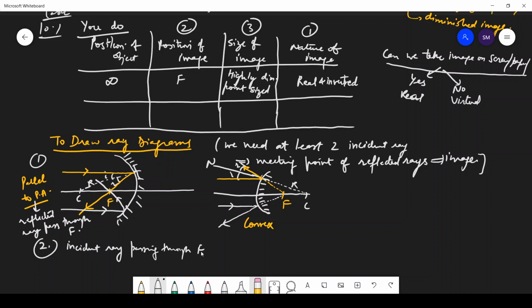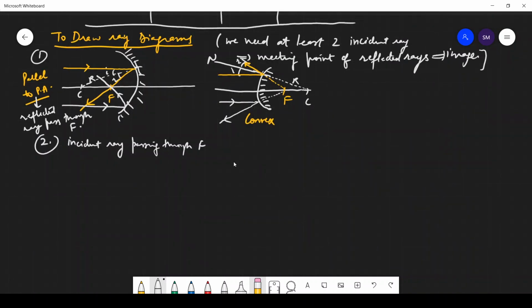But if the incident ray is passing through the focus, then any ray, so this is the mirror, and any ray which is coming and passing through focus.